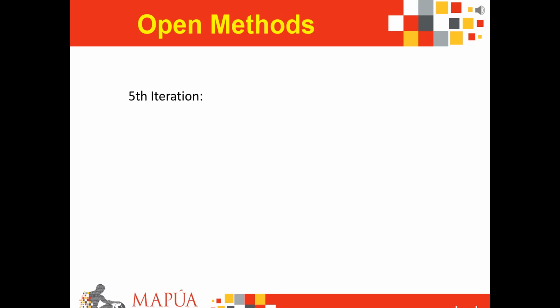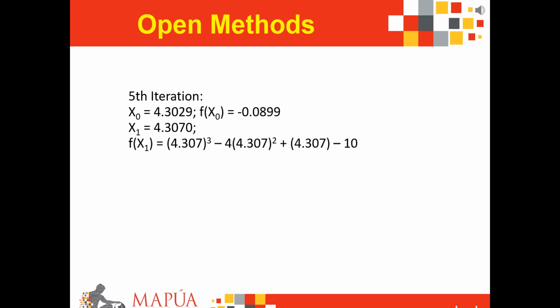Thus, on the fifth iteration, you end up with an x0 value of 4.3029 with a function of -0.0899 and an x1 of 4.307 with a function solution like this and a value of 0.0019.